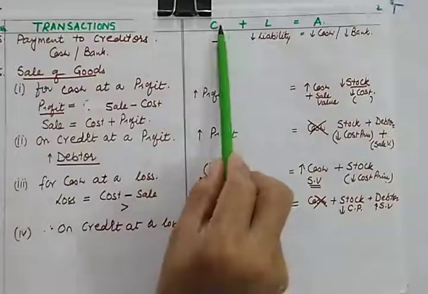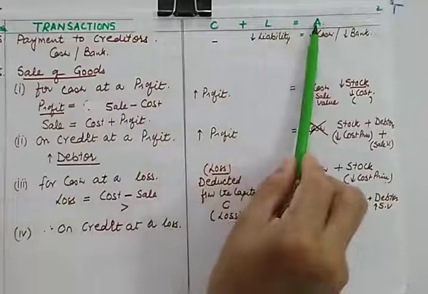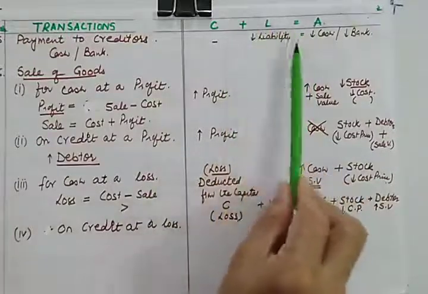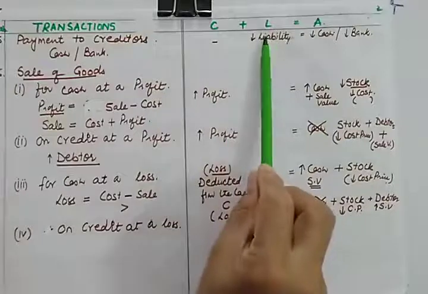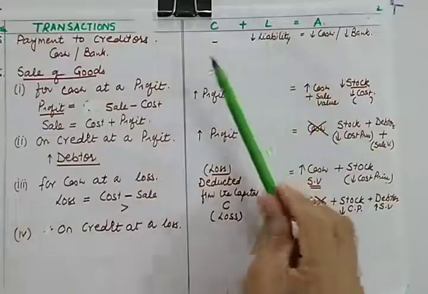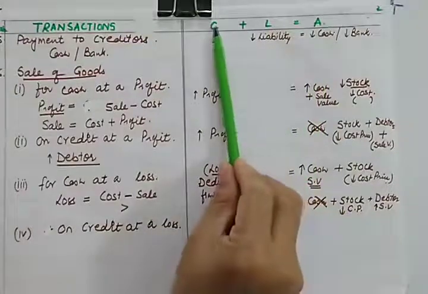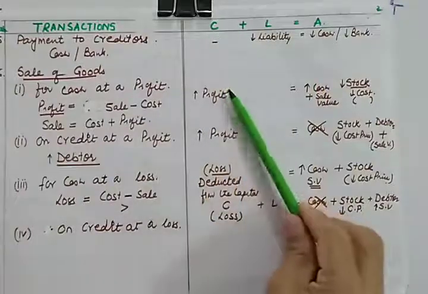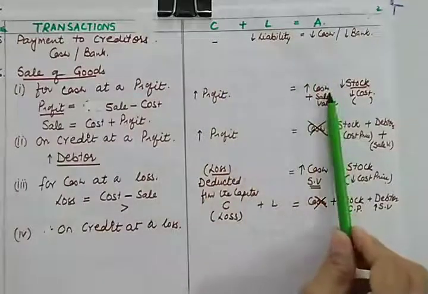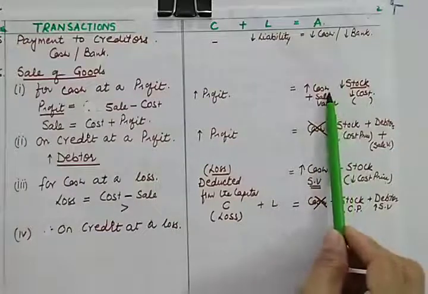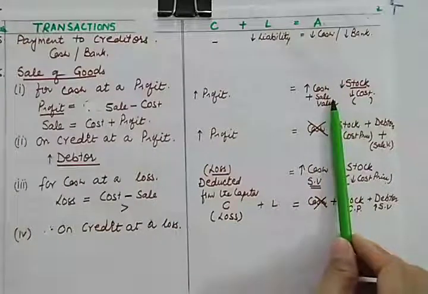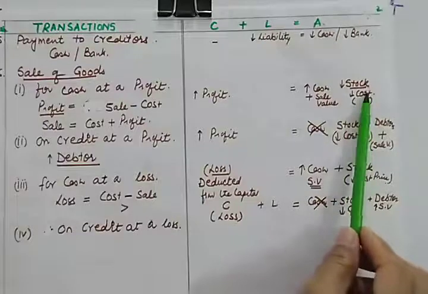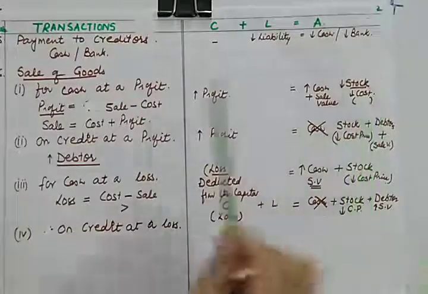I told you that there are only three headings which are available to us in accounting equation: capital, liability and assets. So profit will ultimately go to the owner, so his capital will increase because of profit, and likewise the cash will also increase with the sale value and stock will reduce with the cost.